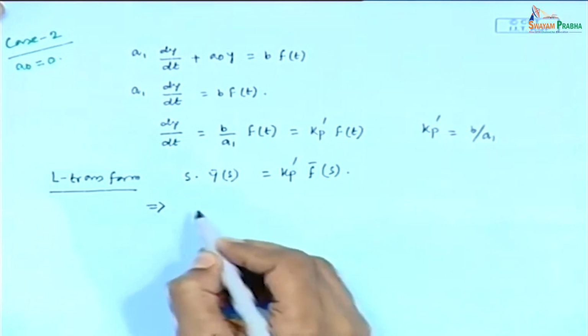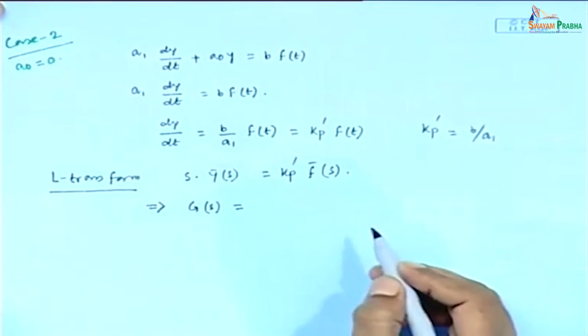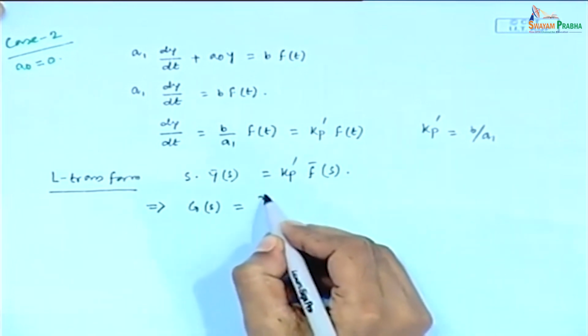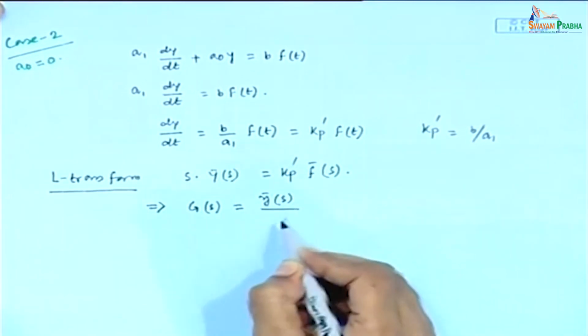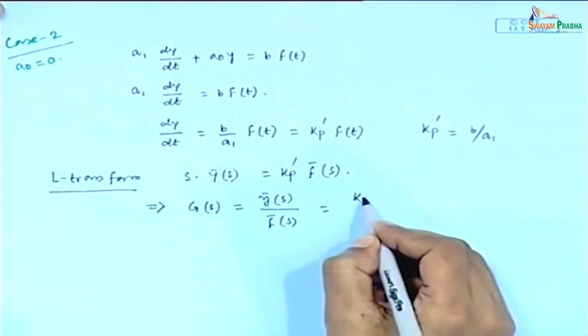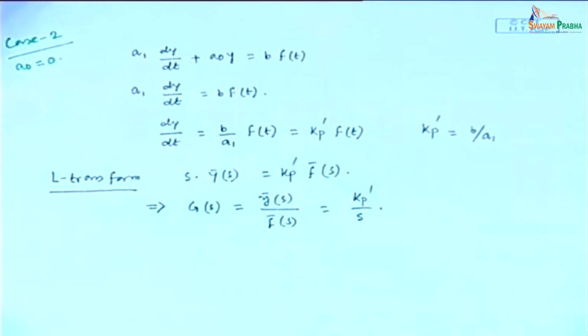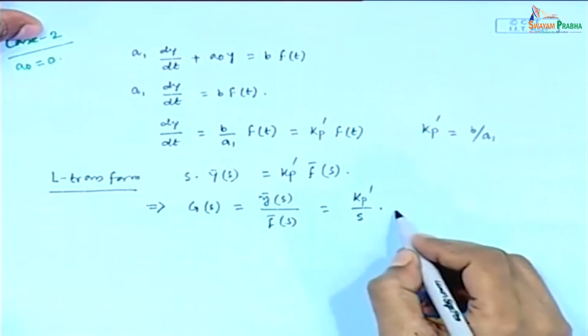Rearranging this form, we get the transfer function G s equal to y bar s divided by f bar s equal to k p prime divided by s. Fine. So, this is the transfer function of a first order system when we consider a naught equal to 0.